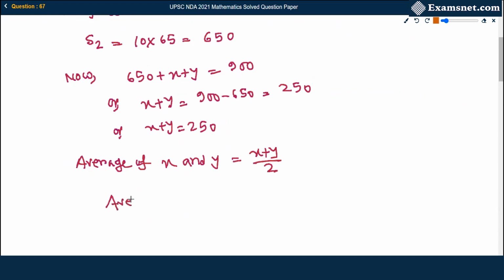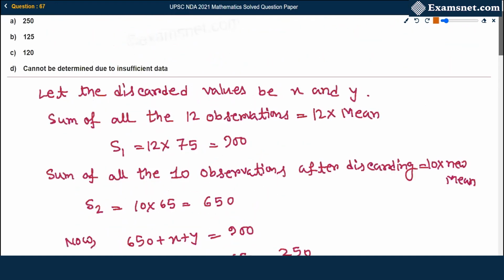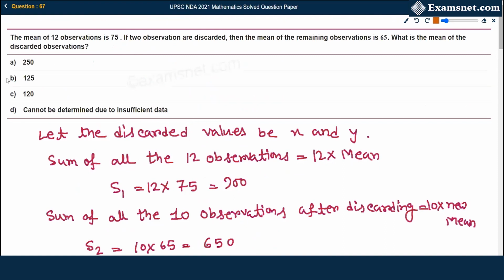We have already found the value of X plus Y. So the average is 250 by 2, that is 125. So the answer is 125. Option B is the correct answer.